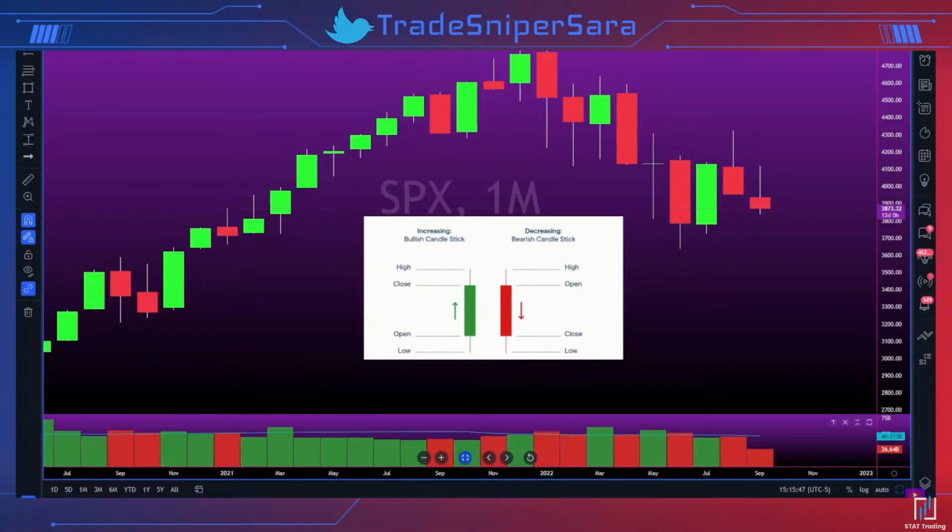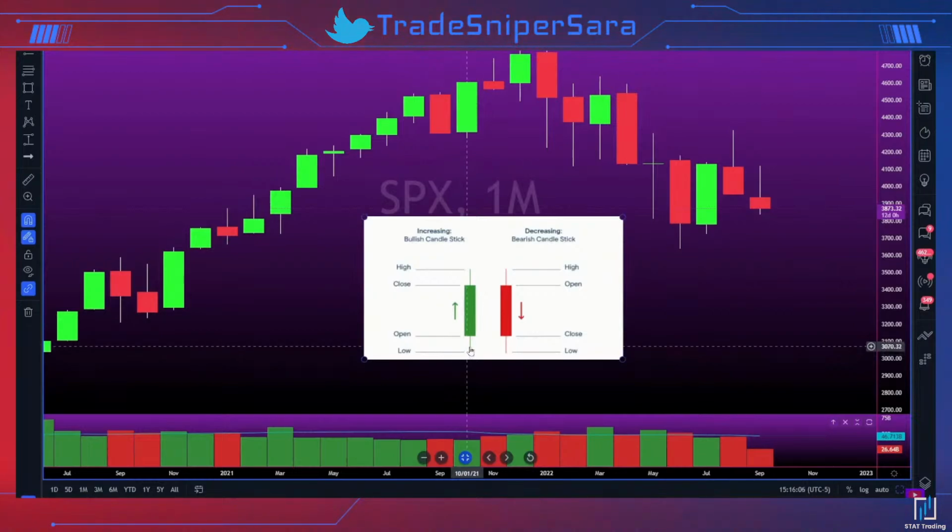So, the first thing you need to understand about Japanese candlesticks is how they come to be, how they build. If you don't know what a candlestick is, we're going to cover it here.